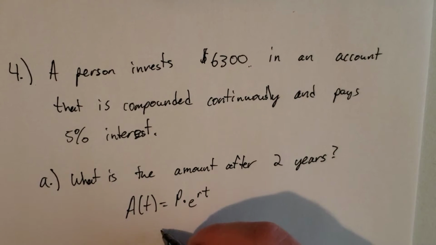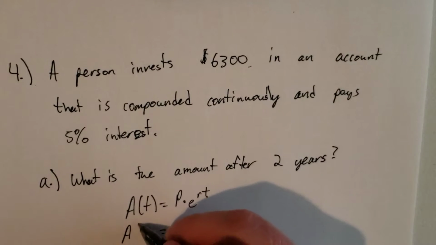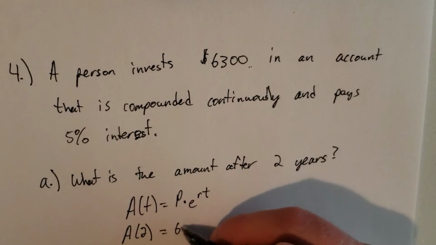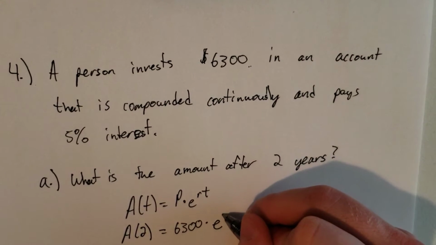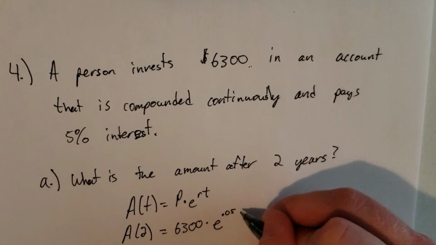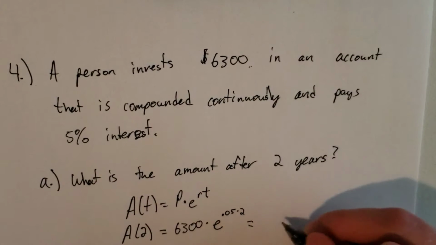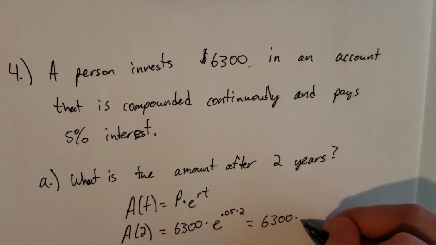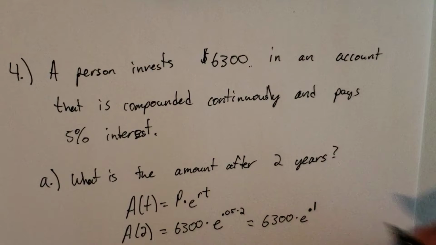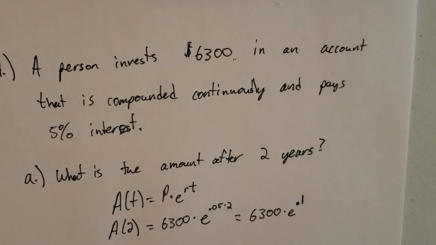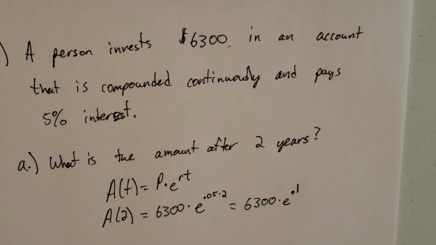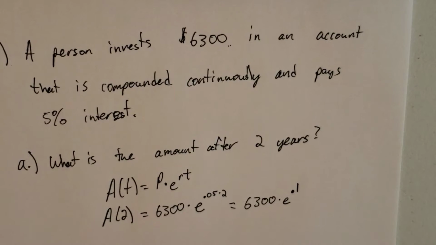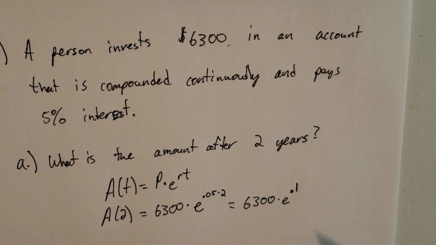So we get A of 2 is equal to 6,300 times e raised to the 5%, so that should be 0.05 times 2. So this is 6,300 times e raised to the 0.1. And then you would plug that into a calculator. I haven't done that here, but you can do that to find what the decimal form of this answer is.